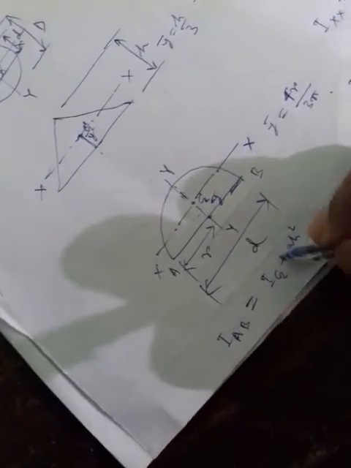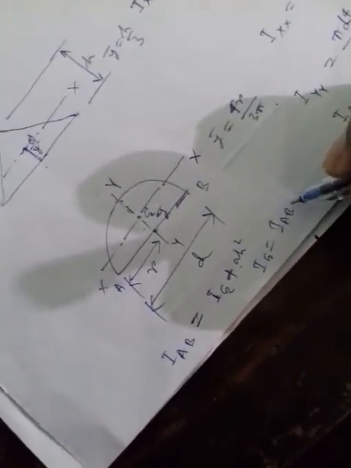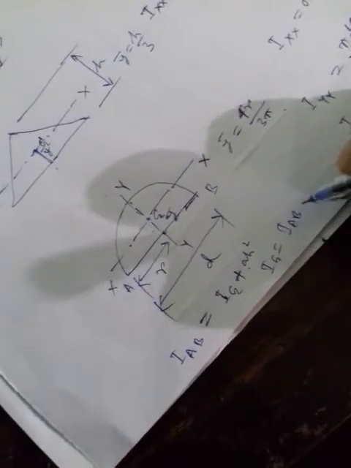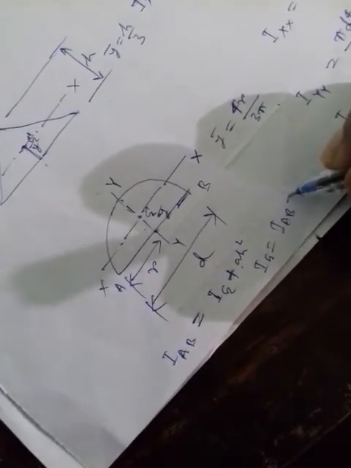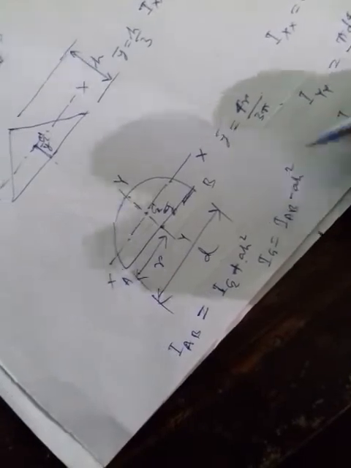So we can get IG equal to IAB minus A h square. Now putting in the value of IAB, and A is the area of the figure.